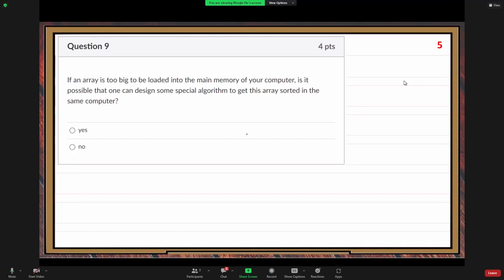Just load a portion of the data in, write it out, portion in, out, in that way.